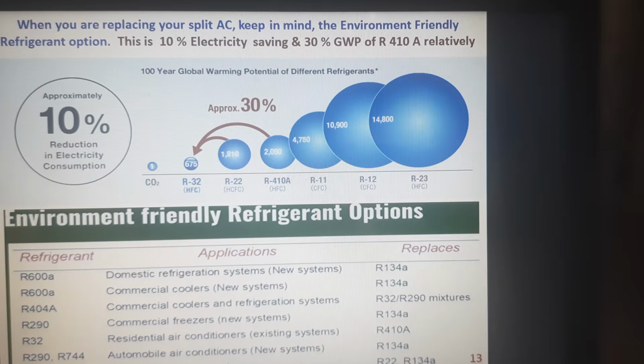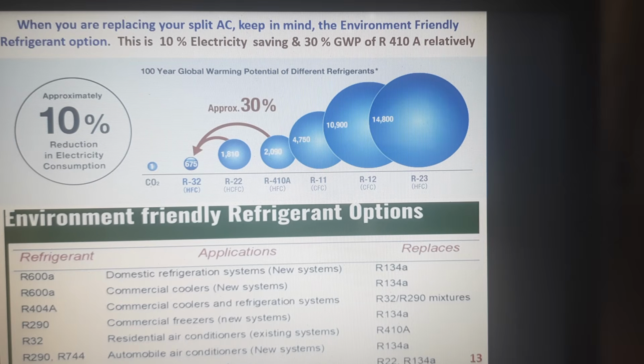When you are replacing your split AC, keep in mind the environment friendly refrigerant option. This is 10% electricity saving definitely you can achieve, and 30% global warming potential. This is more important, let us say you are going to have the latest R32, that is the environment friendly refrigerant, than the R410A which we have been using long years back.